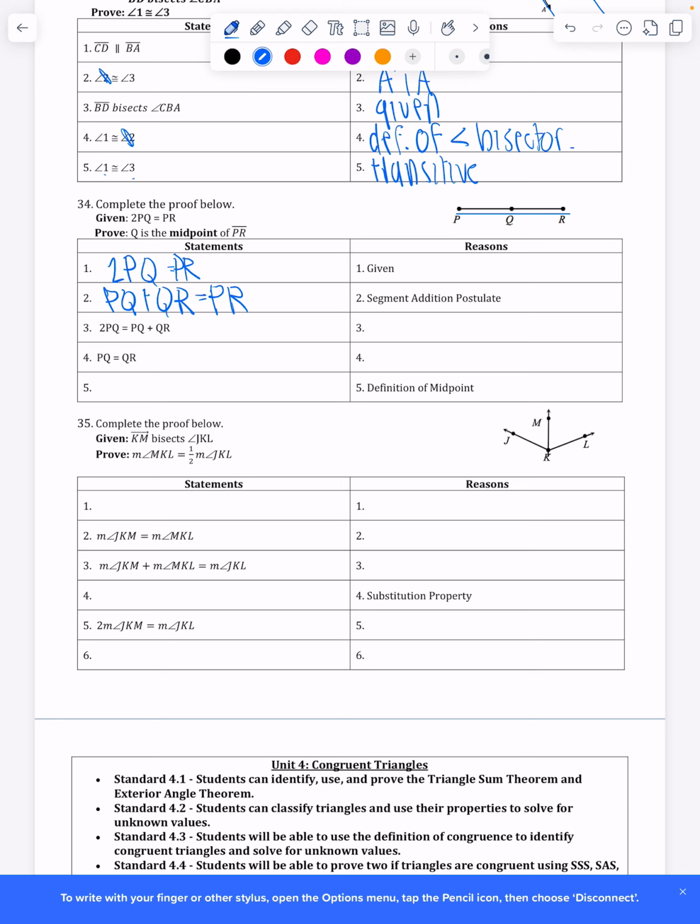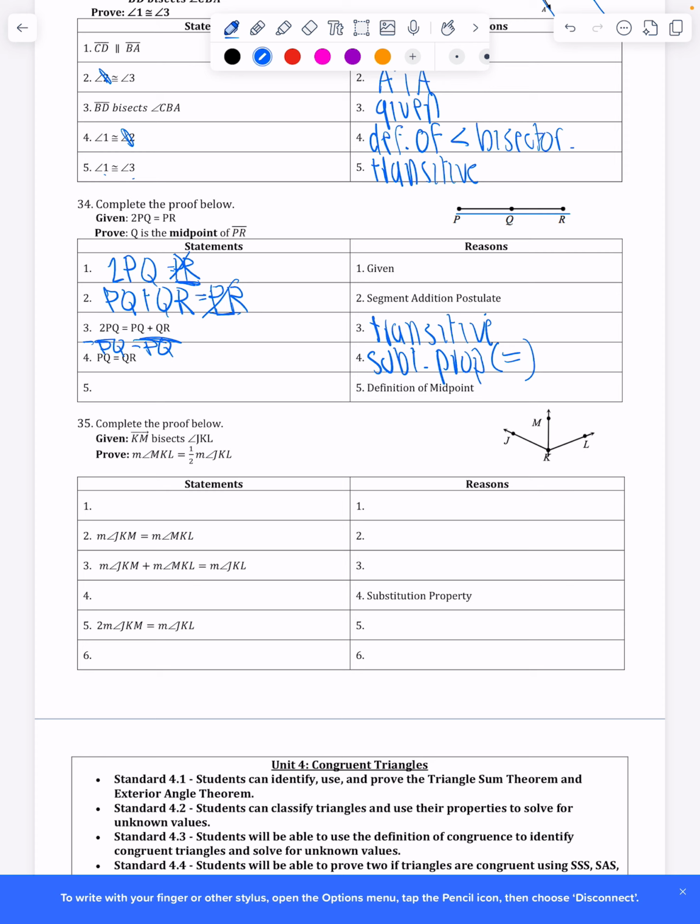Okay, well, if you notice, we have this equal to PR and this equal to PR. Then we're going to skip over PR and say 2PQ is equal to PQ plus QR. That is going to be transitive. And then what we do is we go ahead and we subtract a PQ from both sides, which is going to be subtraction property of equality.